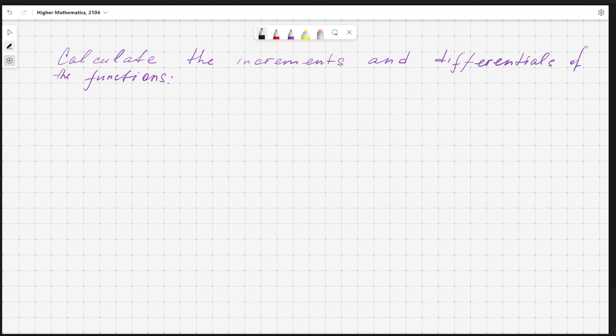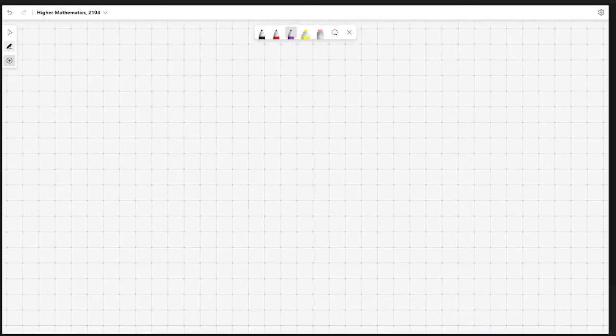And the first, find the differentials of the following functions. Here.